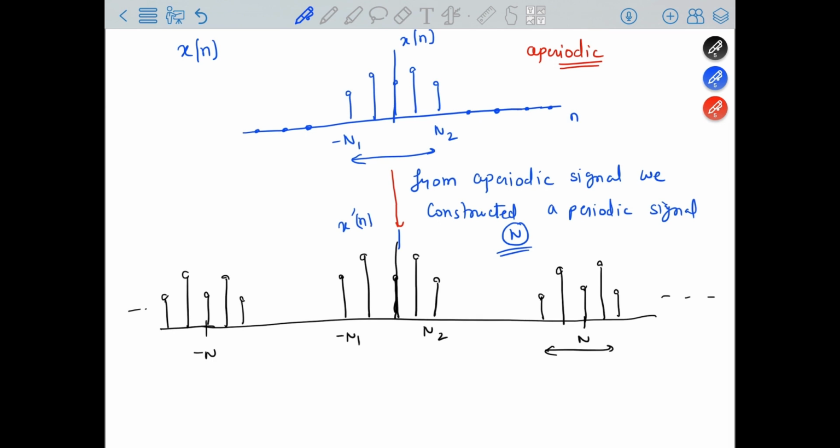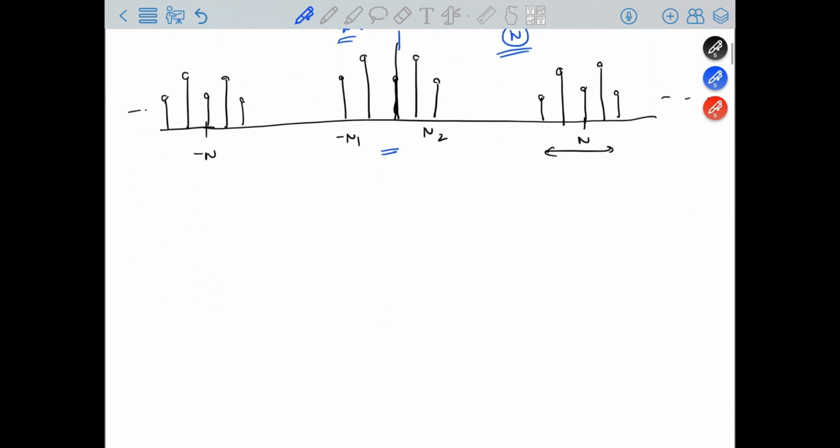So x tilde[n] and x[n] are the same in the range minus n1 to n2, otherwise x tilde[n] is a repeated version of x[n]. Now we will try to write the Fourier series for this periodic signal.